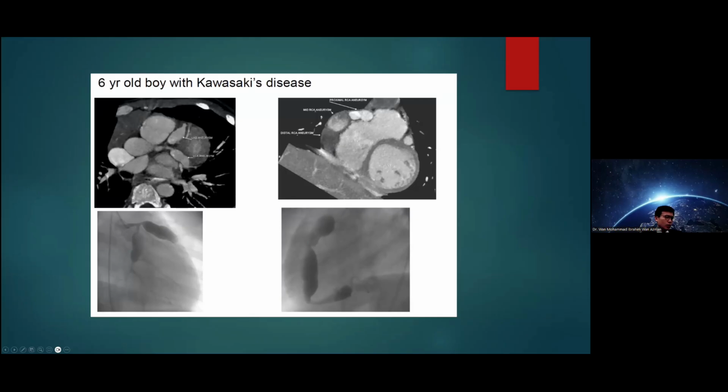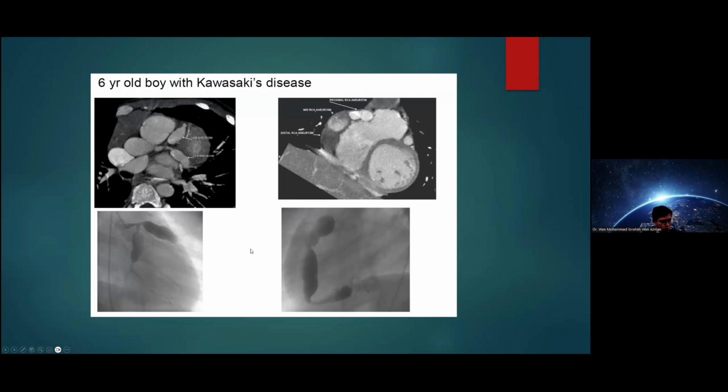So CT is also being used to assess diseases in pediatric patients, such as vasculitis, Kawasaki disease. CT done showed LAD aneurysm and LCX aneurysm, and also RCA aneurysm involving the proximal, mid, and distal segments.